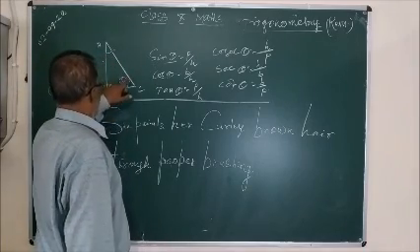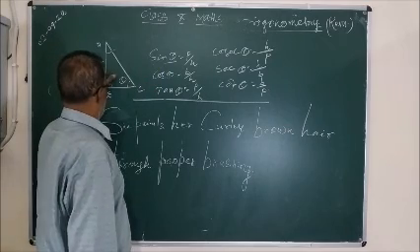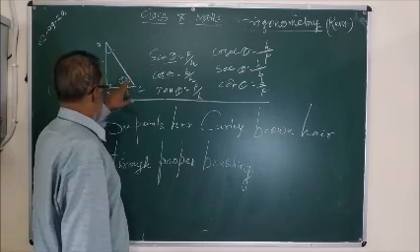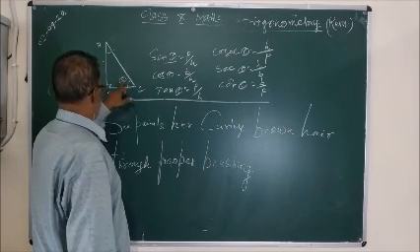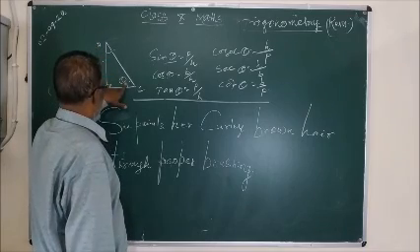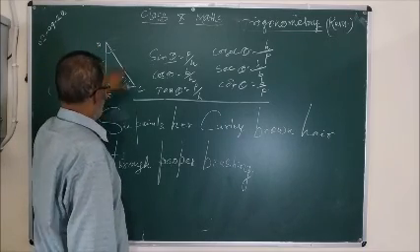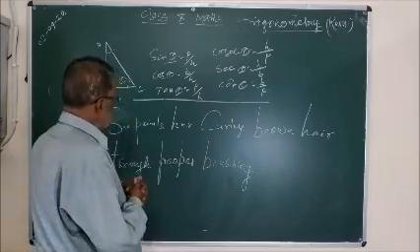For this angle, we can say sin theta is equal to perpendicular upon hypotenuse. And you can also say like this, sin theta is equal to the side opposite to the angle upon hypotenuse. So anyway you can understand.